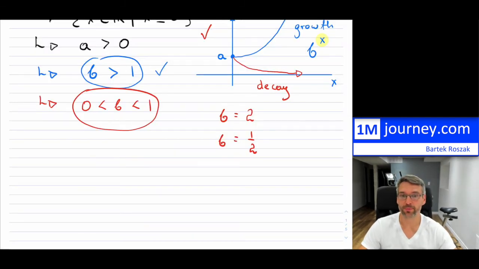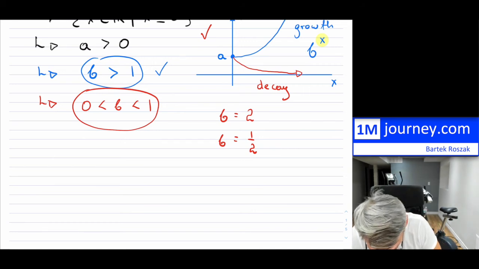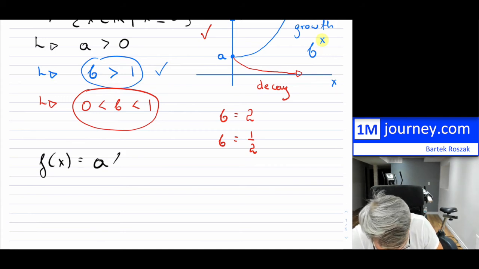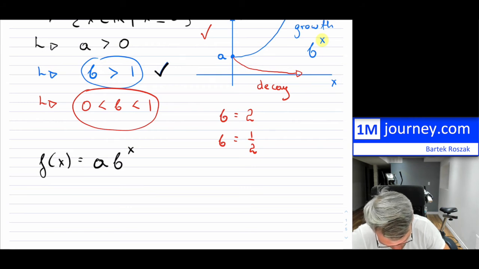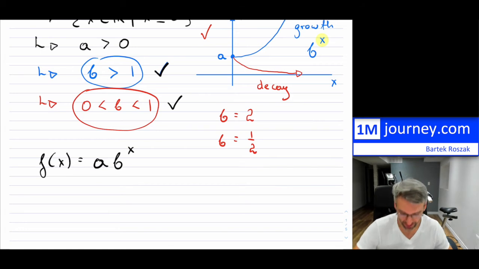Now, before I complete this video, the concept of growth and decay should make sense to you intuitively, something growing, something decaying. But I want to rewrite our function. We have written out that f of x was equal to a multiplied by b to the x, and we have those two cases where b is greater than 1, and where b is between 0 and 1.